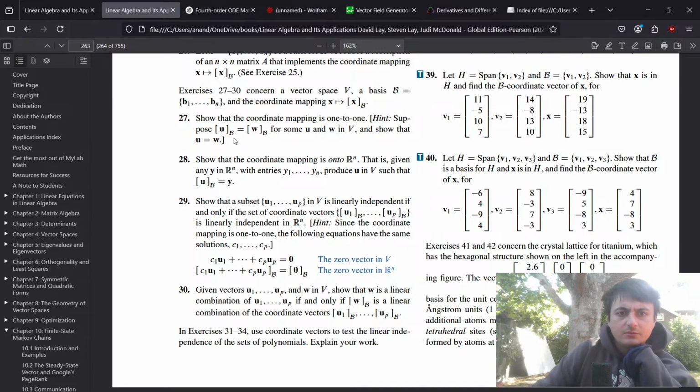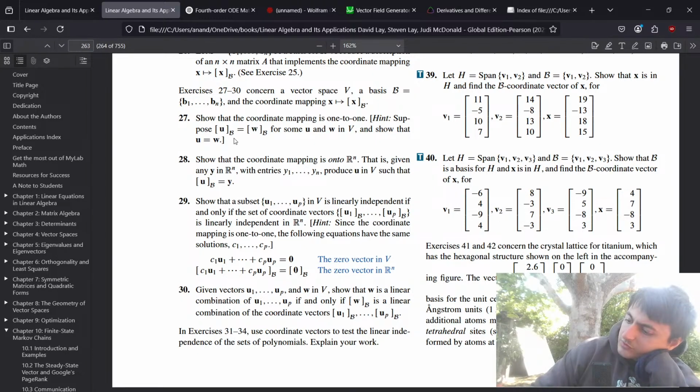Okay, so let's just say B. So for 27, we let B equal the map. We have B times XB is equal to X, right? And B is a basis, so we hit everything.